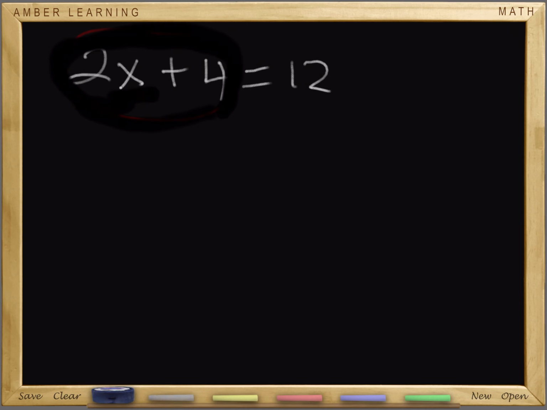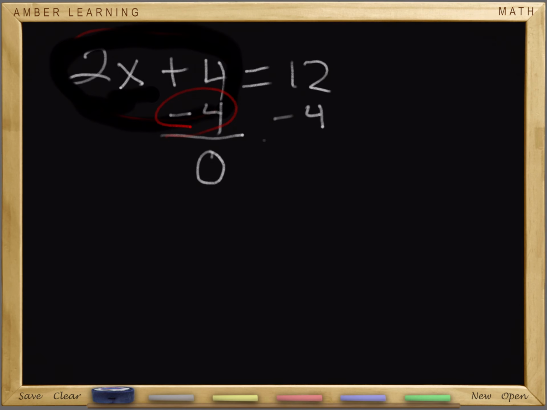The best way to do that is to say, if there's a plus 4 here, all I have to do is minus 4. So plus 4 and minus 4 equal 0. But the trick to any equation is that whatever you do on one side of the equal sign, you must do on the other. Because I took away 4 over here, that's exactly what I need to do over here.